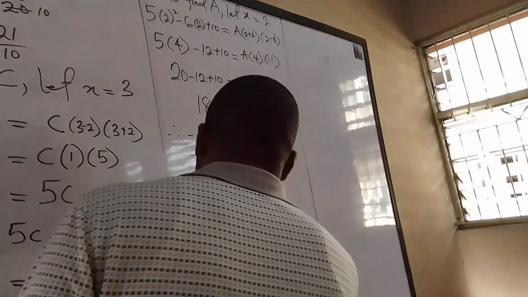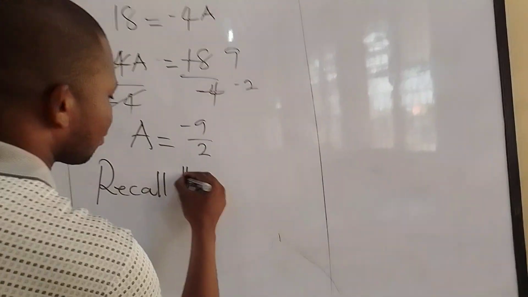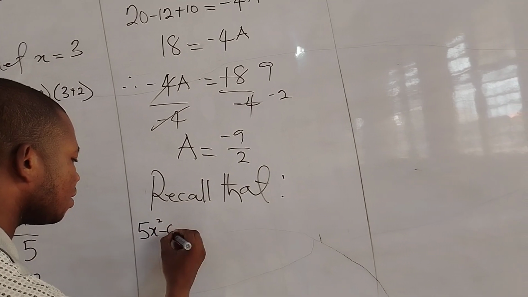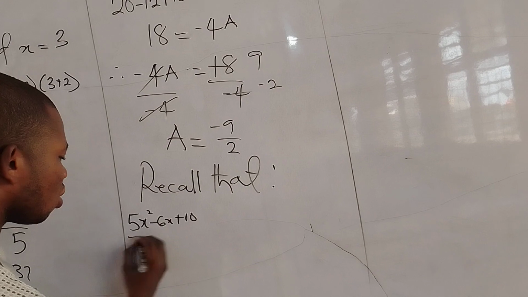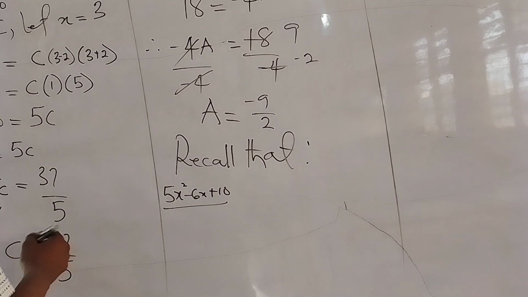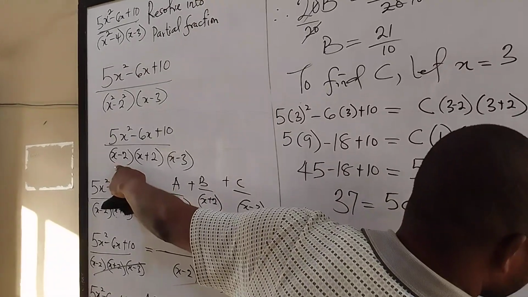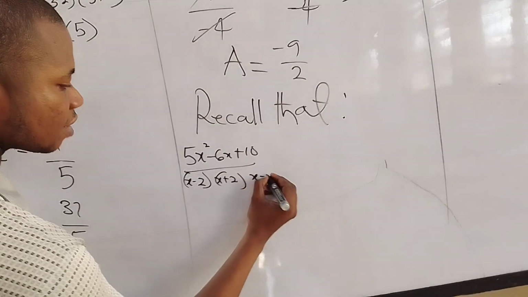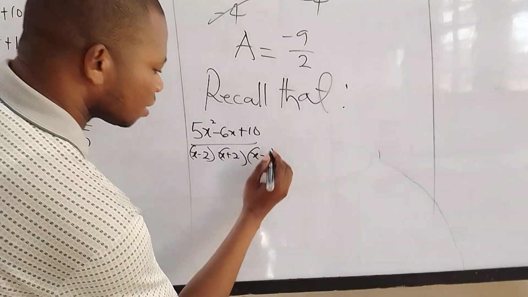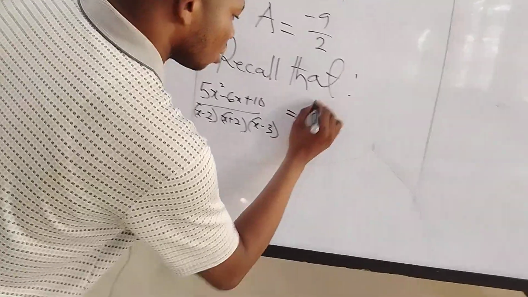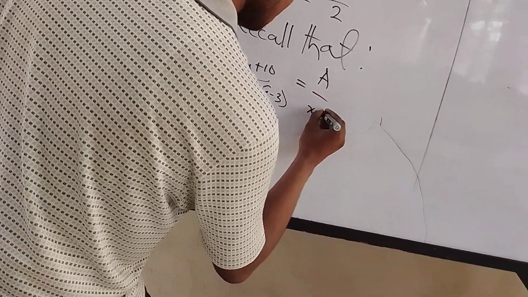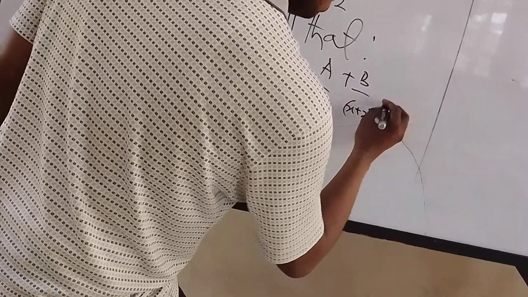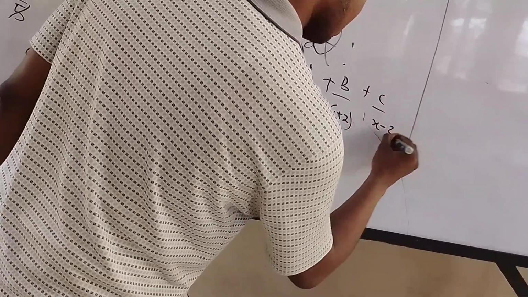We now recall that 5x squared minus 6x plus 10 all over x minus 2, x plus 2, and finally x minus 3, is equal to a over x minus 2 plus b over x plus 2 plus c over x minus 3.